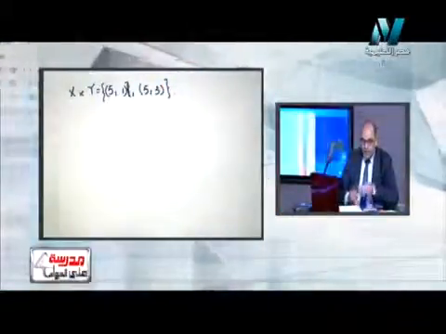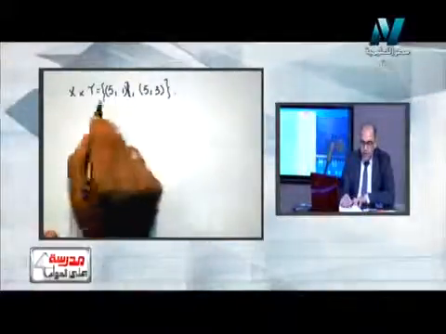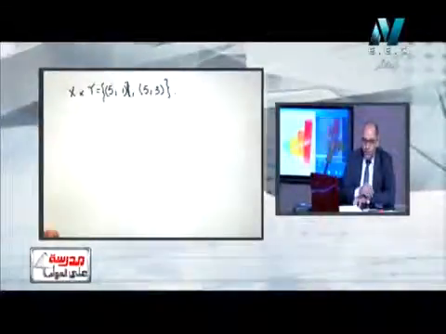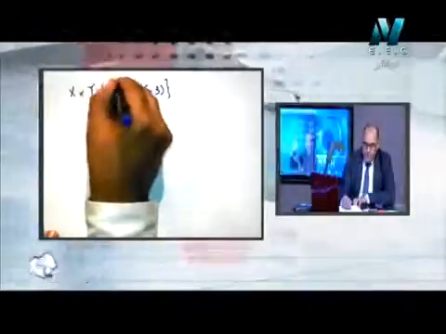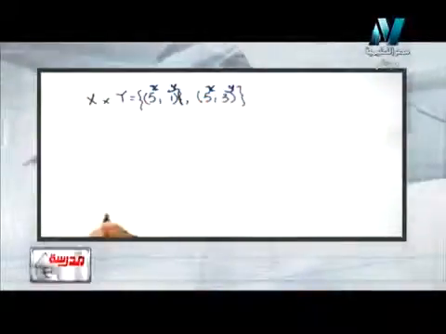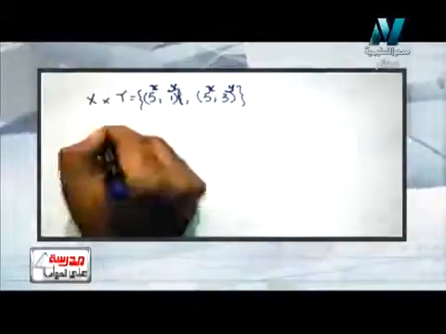Just write X on the first element, and the second element represents Y. I think it is very simple to find the sets of X and Y.